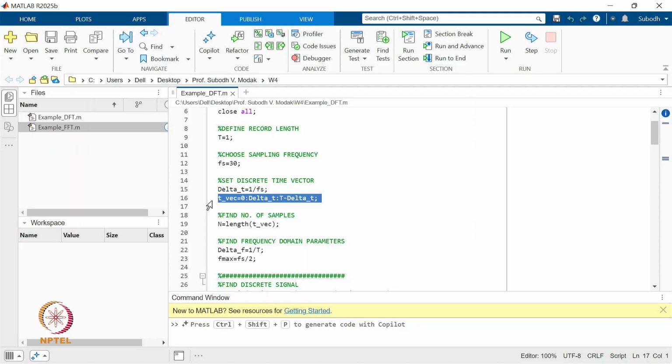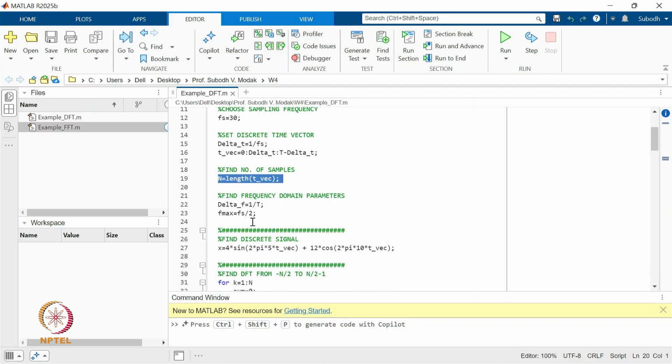For that, the time vector would be required. So, t vec starts from 0, increments by delta t, and the ending time is T minus delta t, where T is the record length. That is the last sample we have. Then we find the number of samples n, which is the length of t vec.